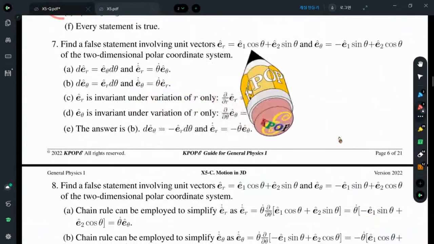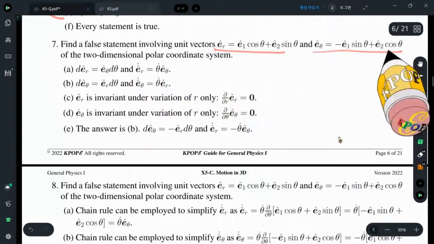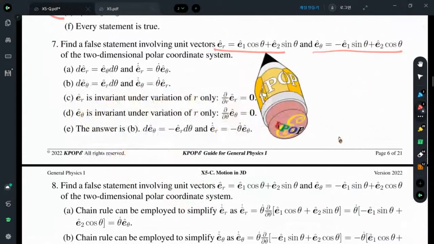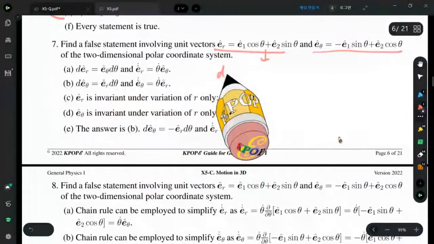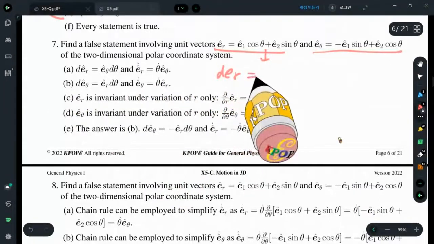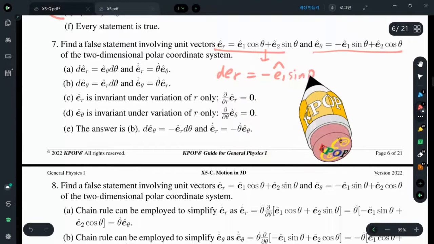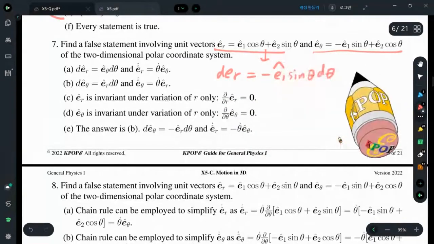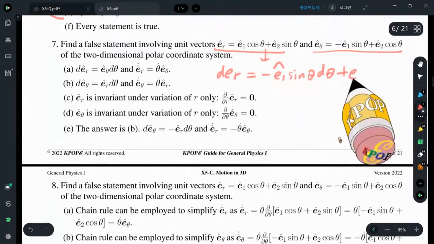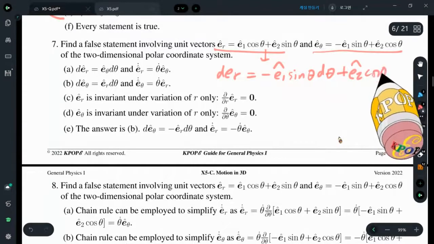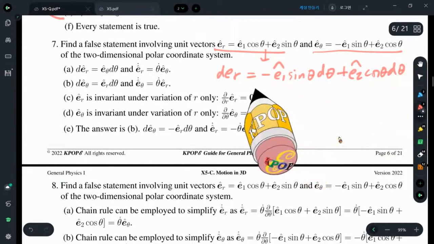Find the false statement involving ER and E theta. Let's see. dER equals minus E1 hat sine theta d theta plus E2 hat cosine theta d theta.